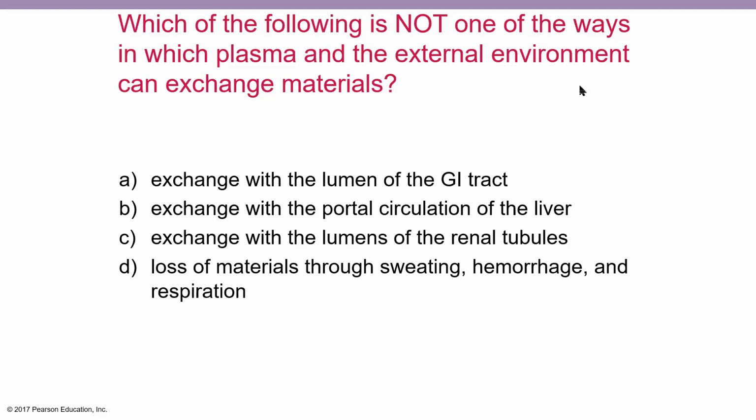All right, let's see. Okay, a lot of response for B. Which of the following is not one of the ways in which plasma and the external environment can exchange materials? A lot of response for B, which is exchange with the portal circulation of the liver, right? So that even sounds wrong, and it is wrong, okay?